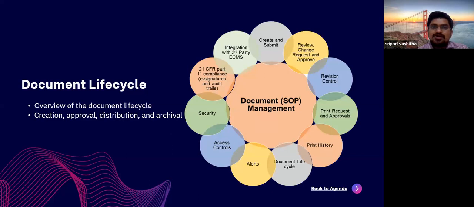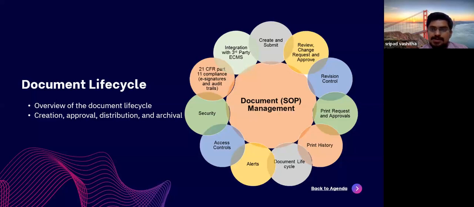If you are ending the life cycle of any document, either it would be deleted electronically or if it is in print format, it has to be shredded. And there should again be a document maintained on why, when, and who shredded it and for what reasons. So document management would start with you create and submit.